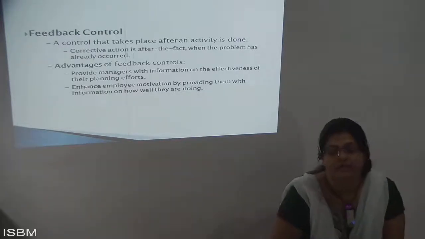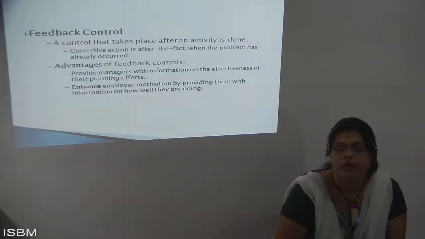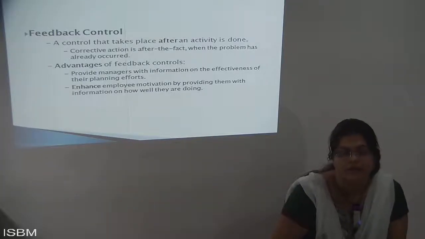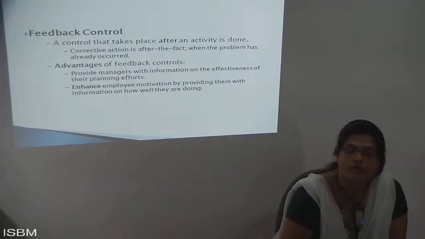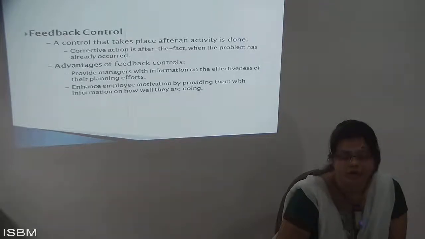You also identify needs with the help of feedback control, and whether you are getting corrective measures or not. If it has been moving in the right direction, then your work will move ahead with corrective measures.